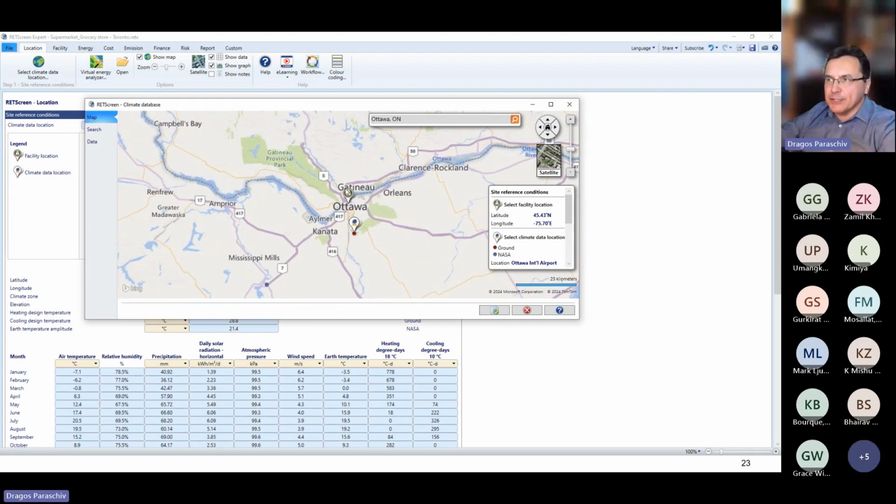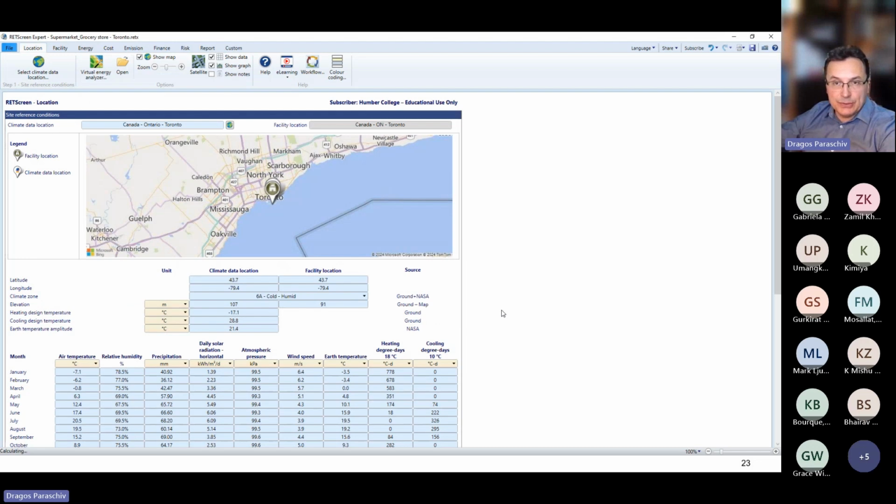And right away, RETScreen is going to select the closest database for climate and weather data. So the climate data is already available. You see it at the bottom of this form. As soon as I accept this location, everything will be recalculated according to the new location.